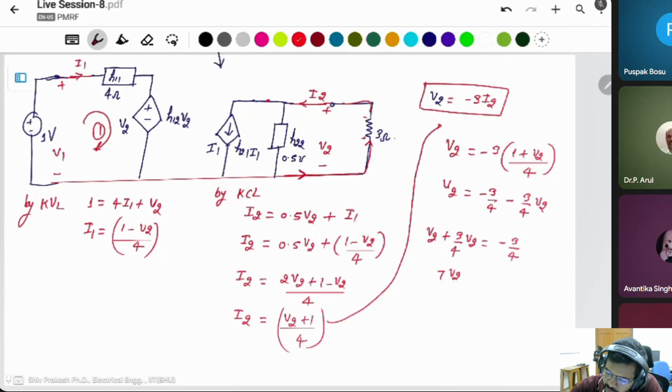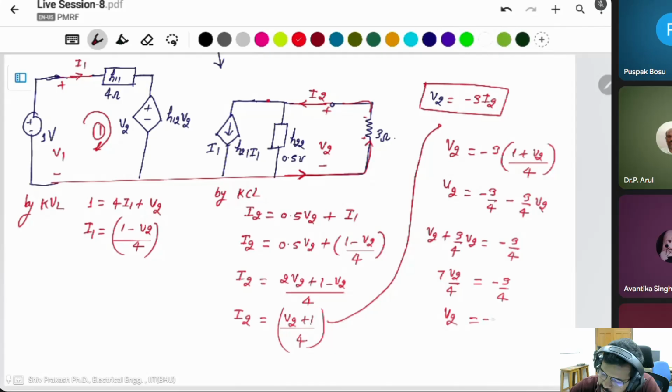7 V2 by 4 is equal to minus 3 by 4. The 4s cancel out.